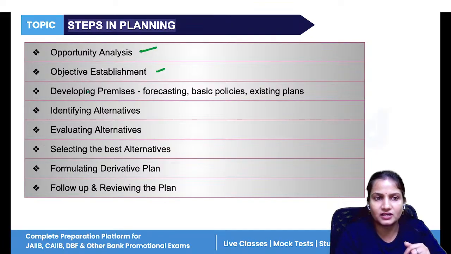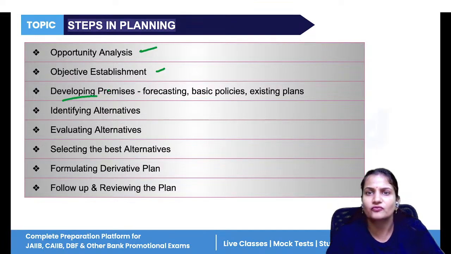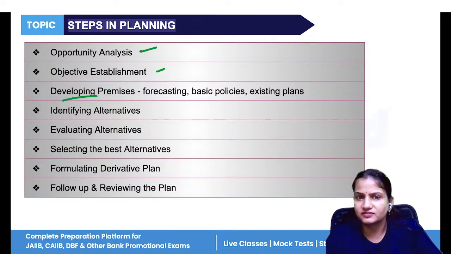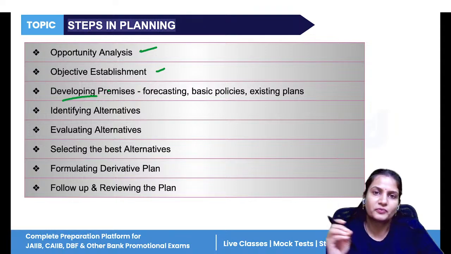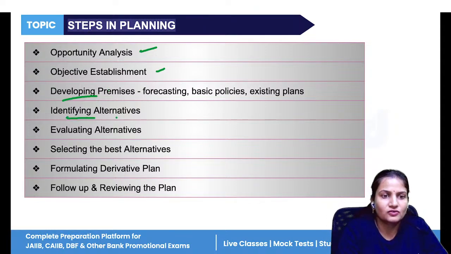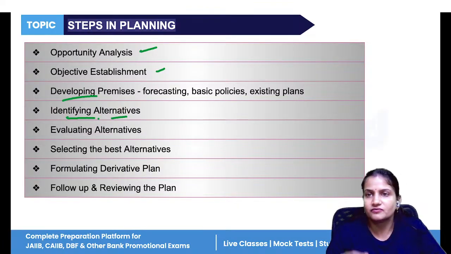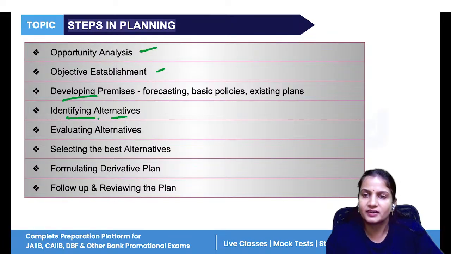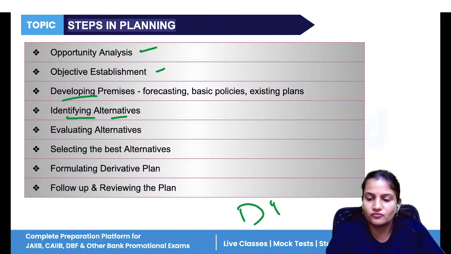After developing objectives, you will develop the premises. You will see different policies, do forecasting, and make predictions for developing that objective. Then you will identify alternatives. Different alternatives are provided to you for planning. Five, six options are given that you can go for in making a good plan for your company.